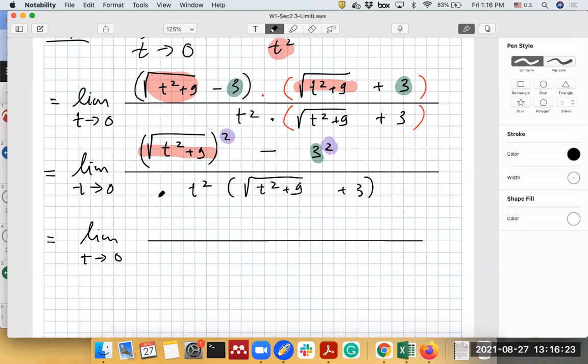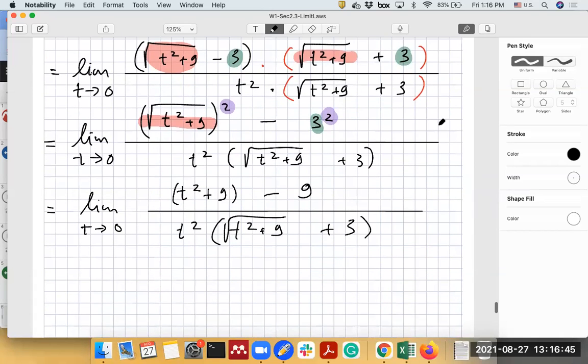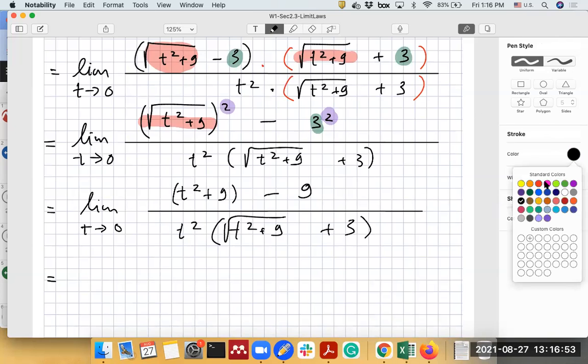Something square and then take the square root, then square, it will be the integrand here, t squared plus 9. Subtract here, 3 squared becomes 9, and t squared plus 3. Okay? So, what should we do now? Yes, simplify the numerator. Thank you so much.